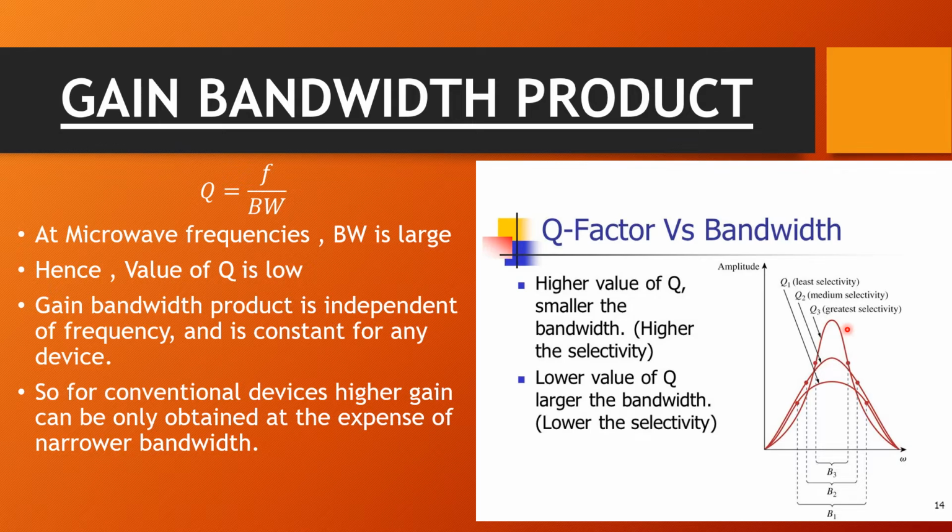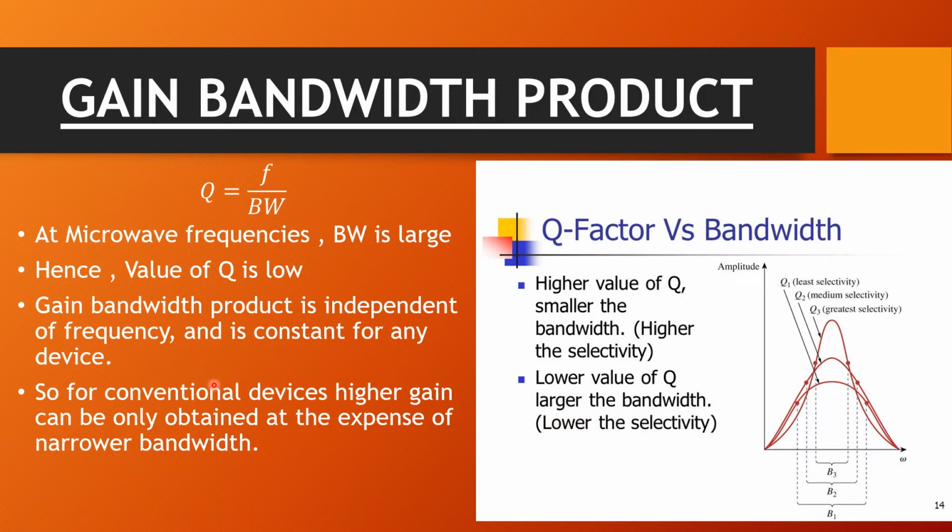That's why we don't use microwave frequency with conventional devices. Also, the quality factor is inversely proportional to bandwidth. At a large bandwidth, the Q value becomes very low.